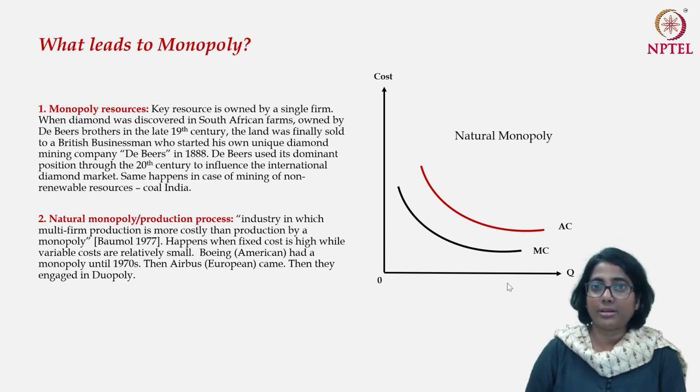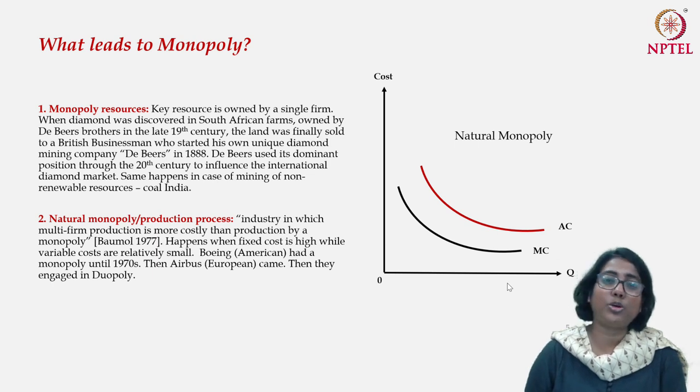Now, if you remember the cost curve, what was happening? The average fixed cost curve looked like a rectangular hyperbola, right? So it was declining throughout. The average variable cost was initially declining, and then it looked like a U-shaped curve, and then it went up.